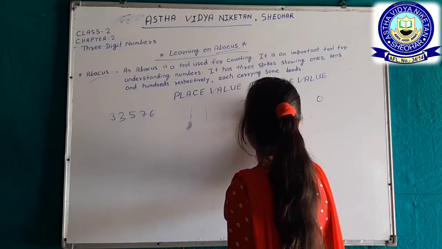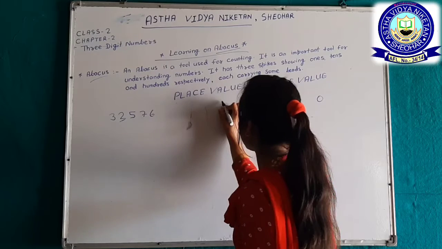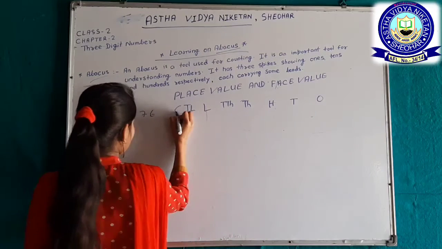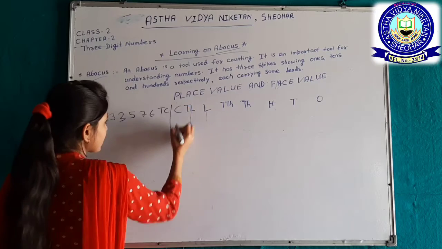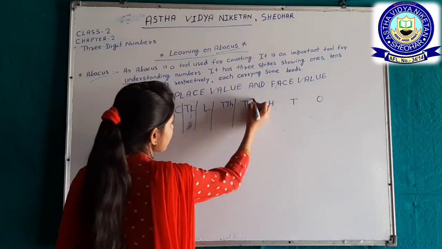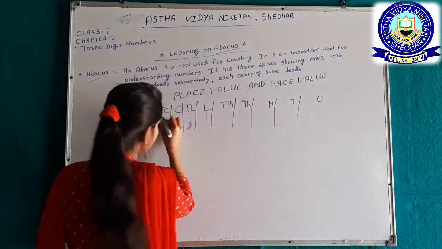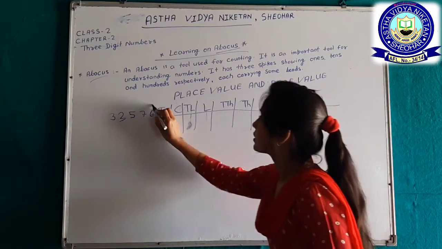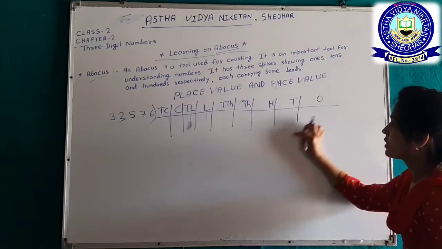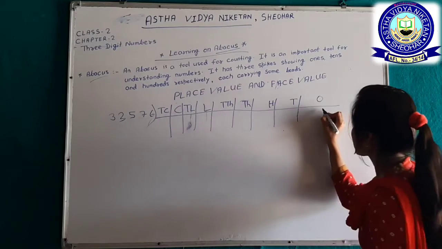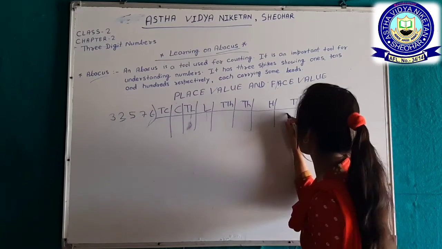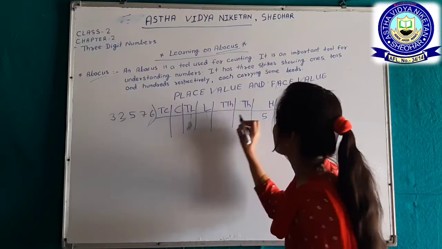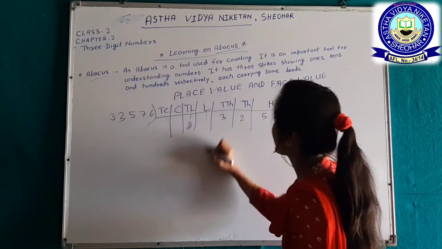Ones, tens, 100, 1000, 10,000, lakh, 10 lakh, crore, and 10 crore. This is our place value chart or table. Six for ones, this 7 for tens, this 5 for 100, this 2 for 1000, and this 3 for 10,000.